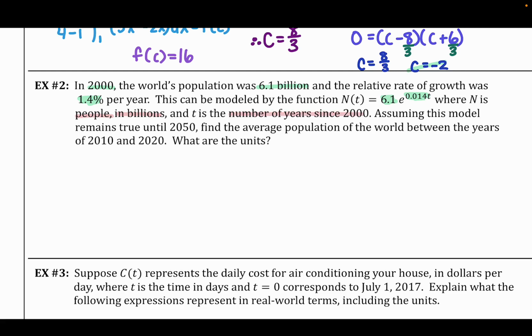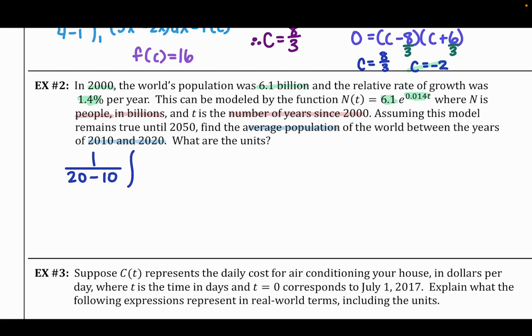Now, assuming the model remains true until 2050, find the average population of the world between the years 2010 and 2020. What are the units? Okay, so we're doing average population. So that means average: 1 over, we're going to do the years after 2000, so 20 minus 10.